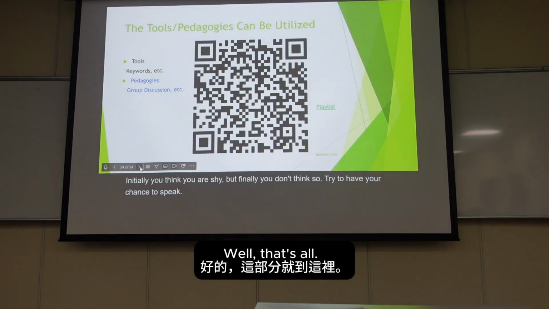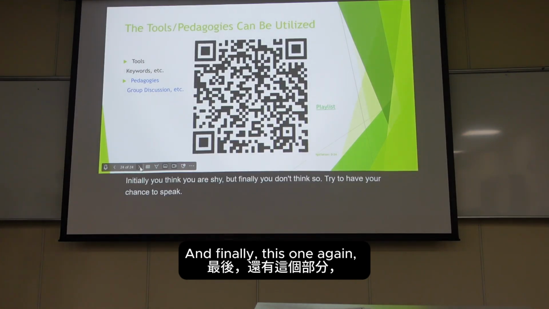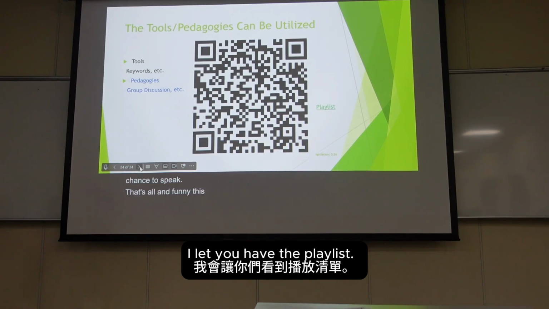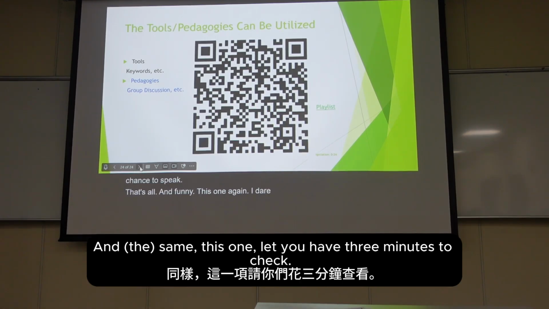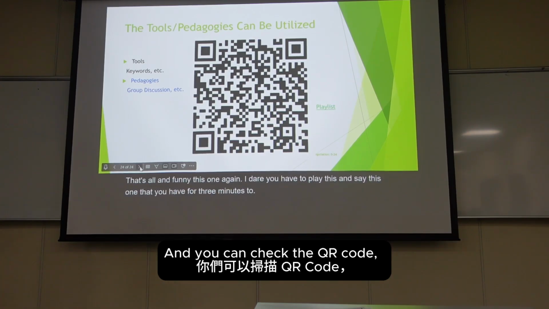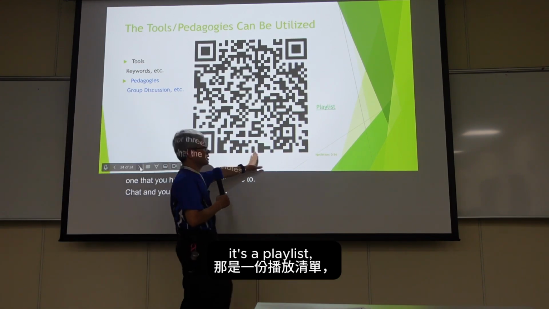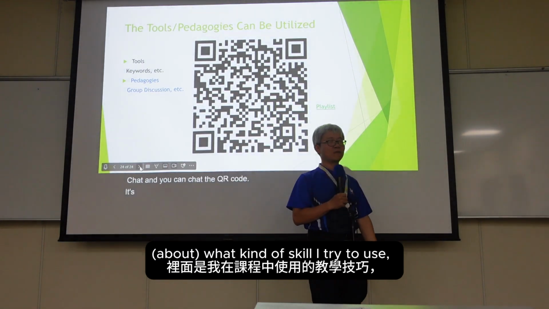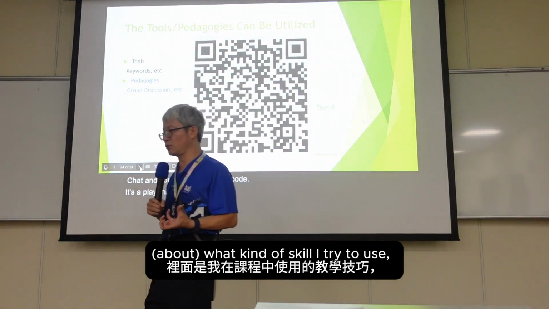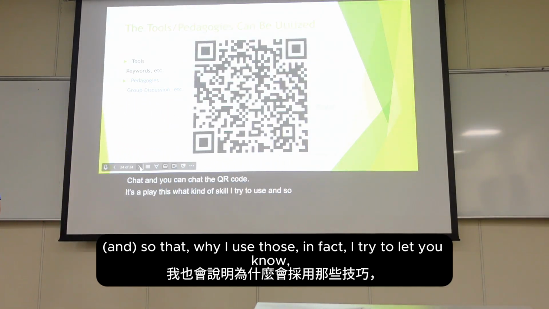Well, that's all. And finally, this one again, I already have the playlist. And same, this one already has 3 minutes to check. And you can check the QR code. It's a playlist of what kind of skills I try to use, and why I use those.